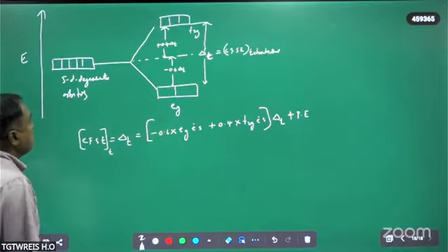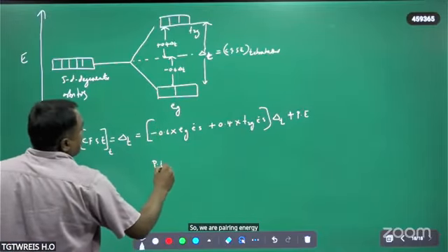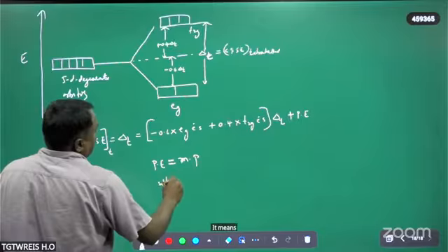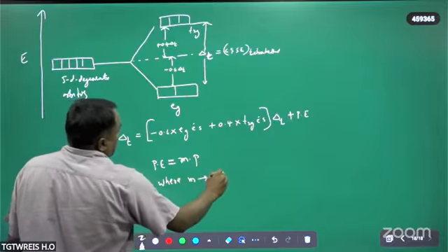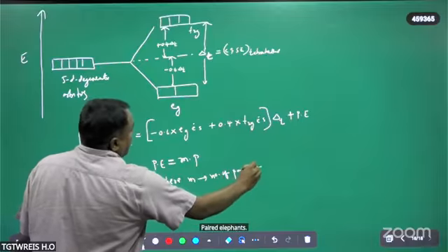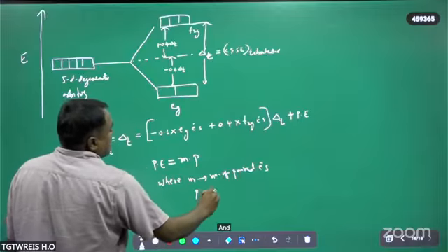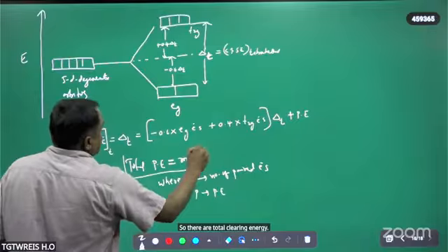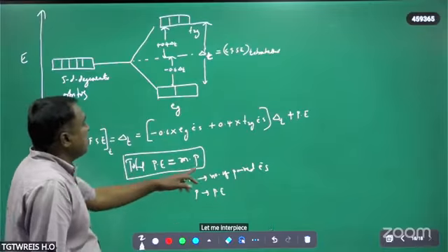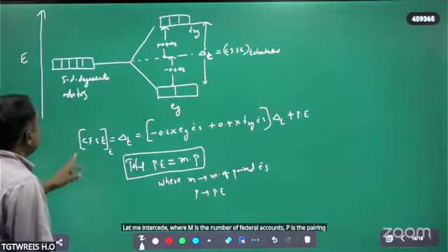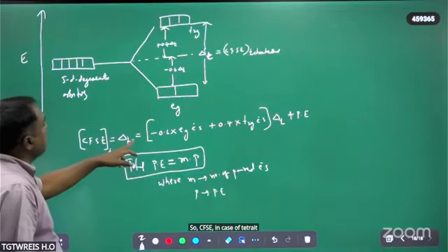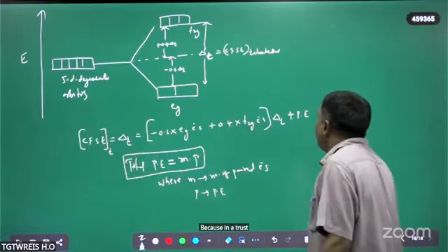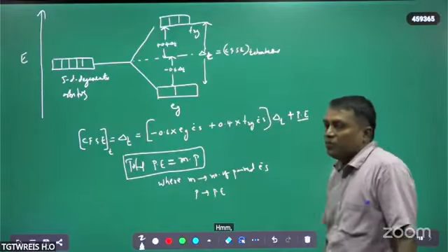The total pairing energy is equal to m into P, where m is the number of paired electrons and P is the pairing energy. So CFSE in the tetrahedral case is minus 0.6 into eg electrons plus 0.4 into T2g electrons, into delta T, plus the pairing energy.